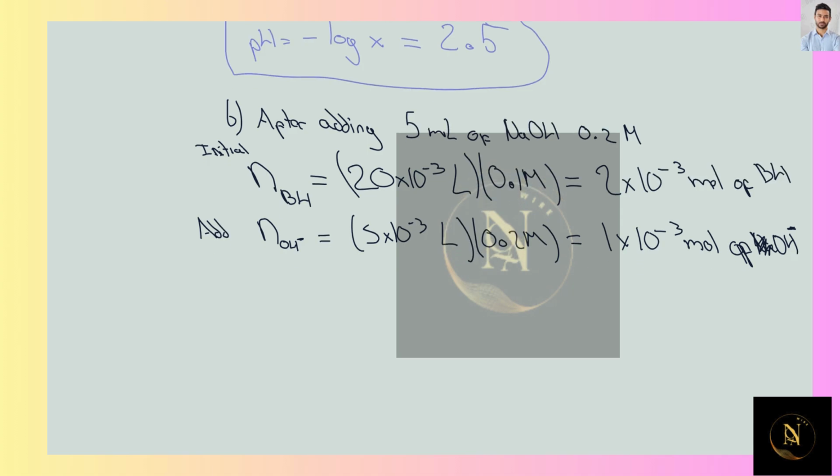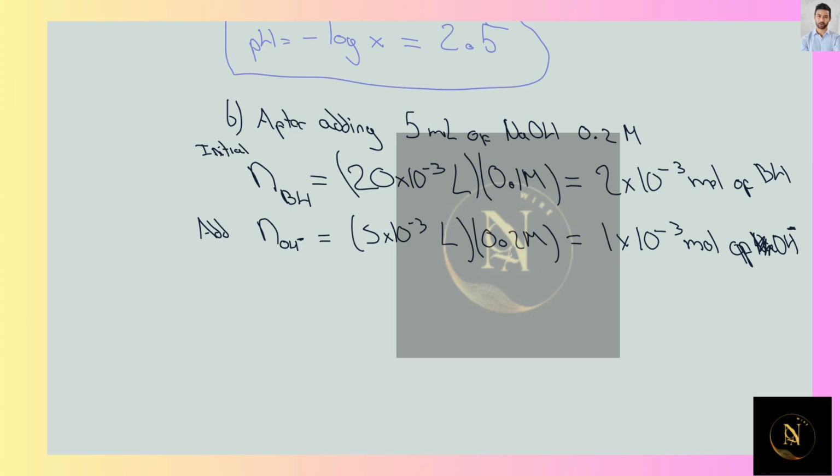And one thing that you want to notice in this case is that you added exactly 1/2 of the amount of mole of the barbituric acid. That means that we are halfway through the equivalence point of our titration.